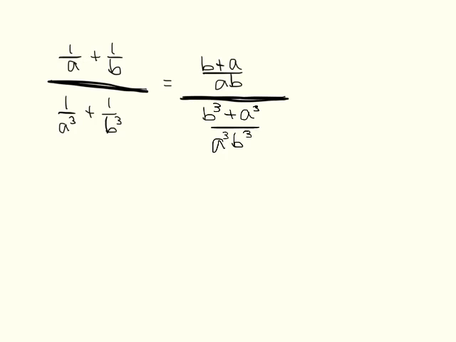Okay, and that's just because I looked at this here and said, I'm missing a b cubed, so I'm going to put a b cubed here and a b cubed here. And then I look at this and ask what I'm missing that I have over there, and it's an a cubed, so I've got an a cubed over an a cubed. So now I have a common denominator of a cubed b cubed, and I can bring these two together. So b cubed plus a cubed.